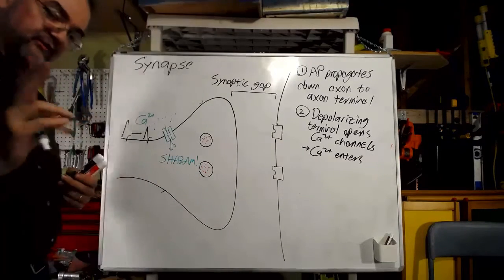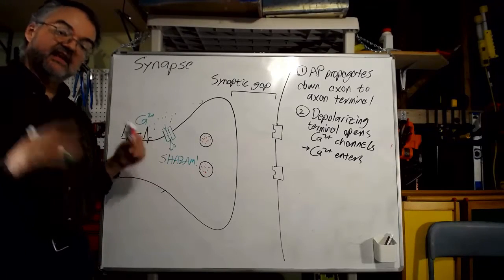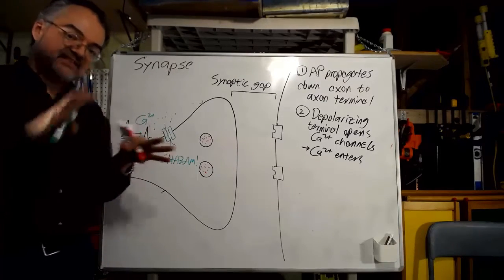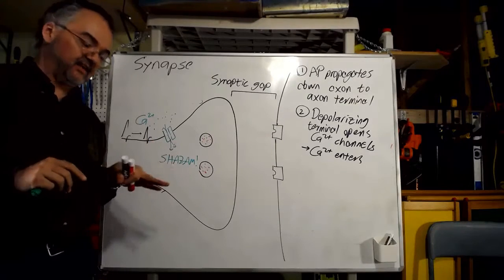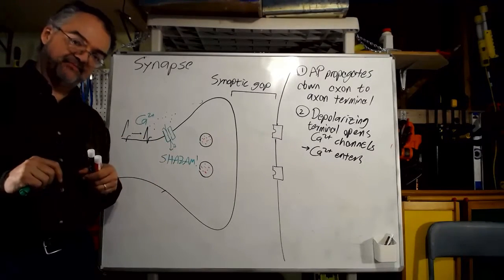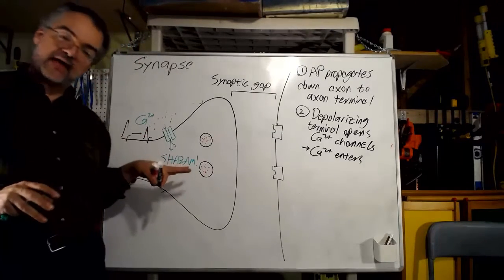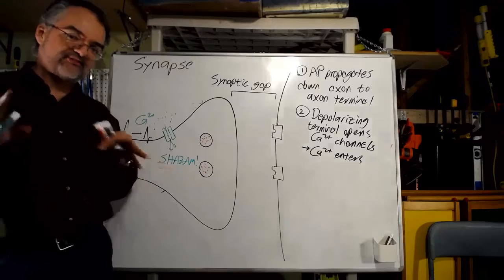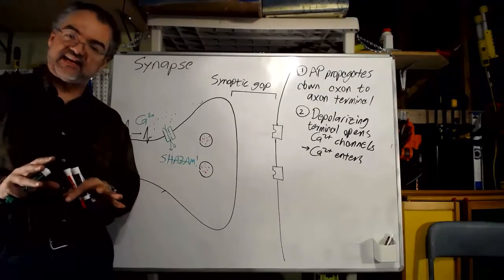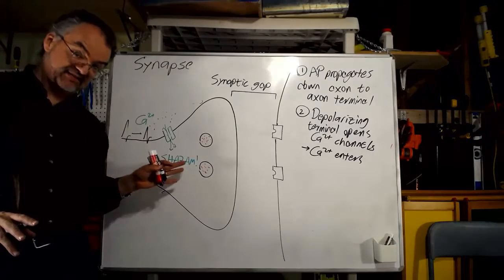I'm going to be a little vague on what exactly happens then. The calcium comes in, and what it does is activate some machinery that's sensitive to calcium here. I'm going to use the word Shazam here, which I use kind of as a symbol to mean stuff happens here that we understand pretty well, but it's very complicated and we really don't need to get into it in detail right now. So this is a Shazam type mechanism.